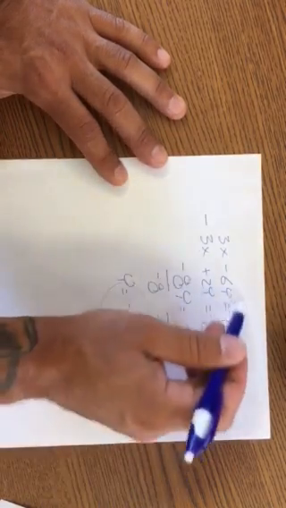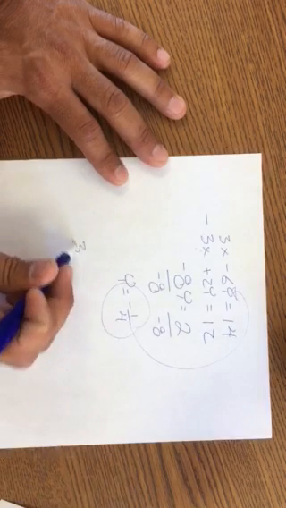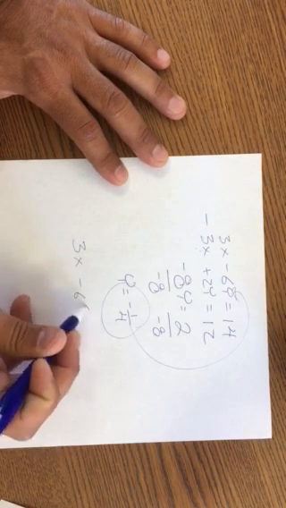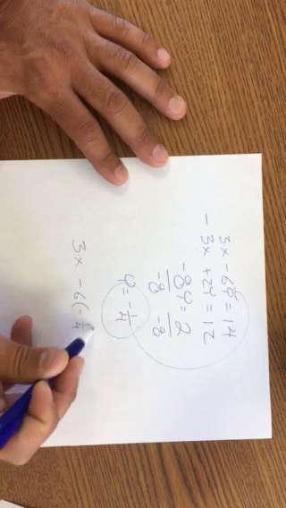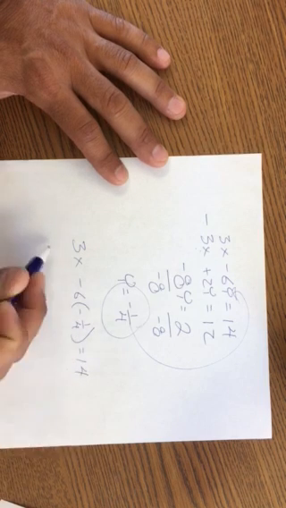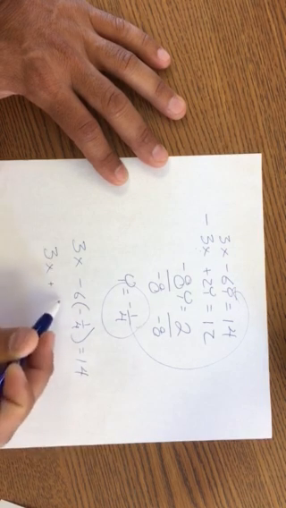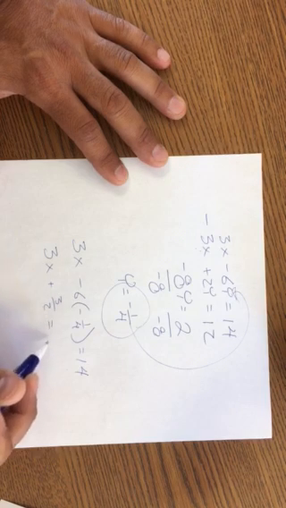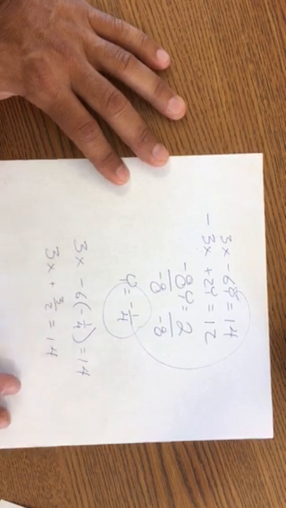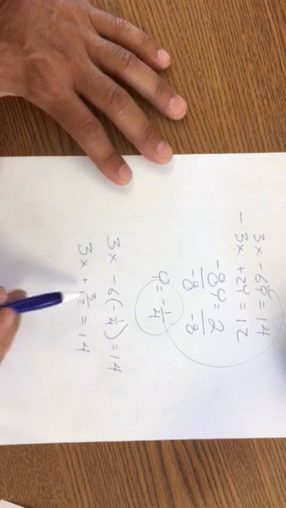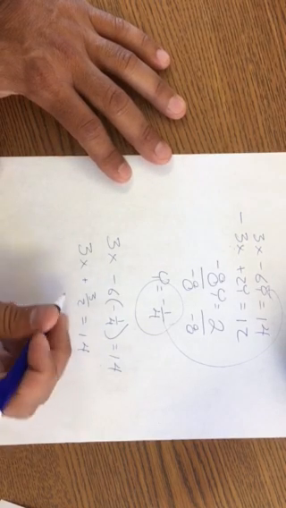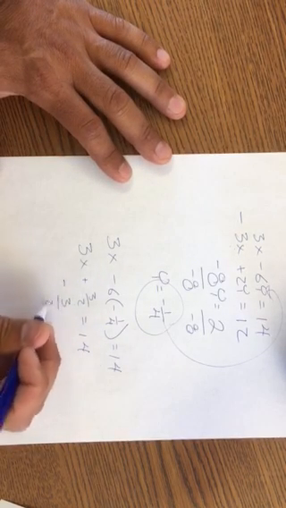Remember, I take what I get and I plug it back in for y. So 3x minus 6 times negative 1/4 equals 14. 3x plus 3 over 2 equals 14. I just multiplied these together, which gives me 6 over 4, which reduces to 3 over 2. I'm going to subtract the 3 over 2.